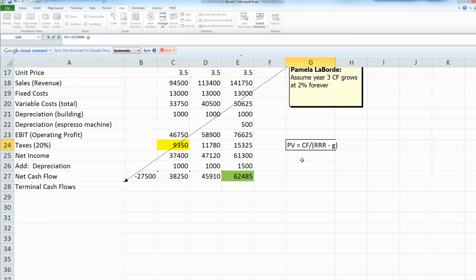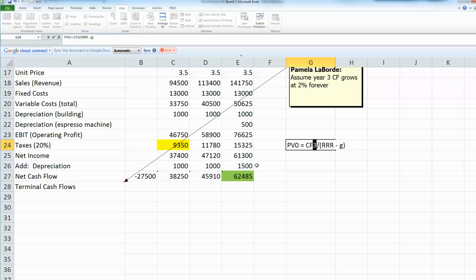This cash flow, when we've worked it in the past, we normally had the first year cash flow, and that would find the value the year prior to that numerator, year 0, if this was the first year cash flow. But the 62,485 isn't the first year cash flow, it's the third year cash flow.